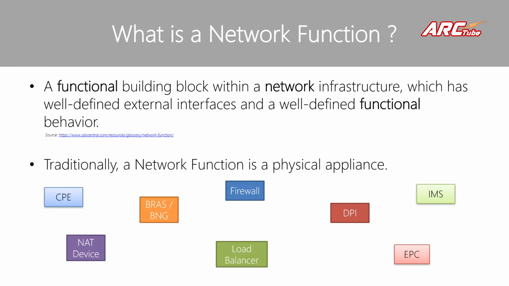So all these things are specific network functions and they define a very specific functional behavior. But today, traditionally, all these functional behaviors are implemented inside a physical appliance or a physical box.